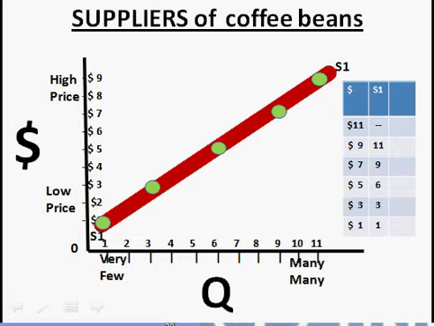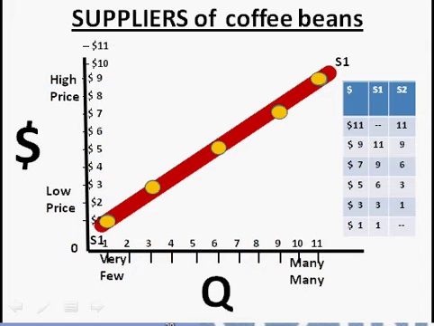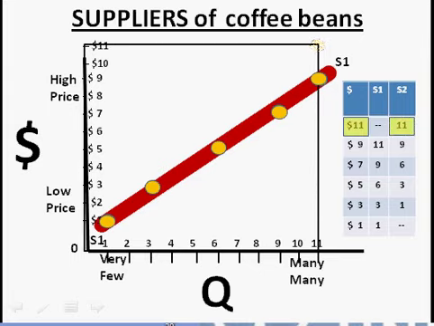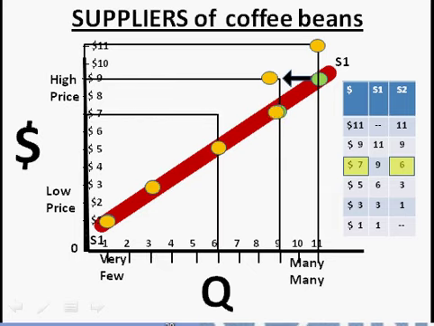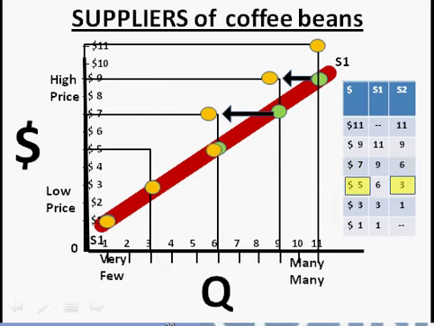In this case, the data is going to be a situation where there's going to be less supplied at every price. So we see that here at $11, now we'll supply 11 million, where before we were supplying 11 million at $9. Now at $9 we're only going to supply 9 million. So we'll let it go through its system, and you notice that at $7 we had less supplied at that price.